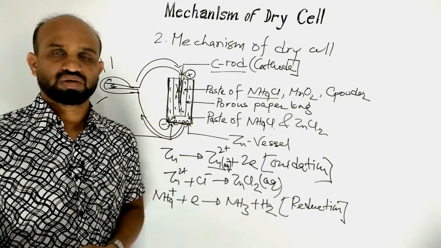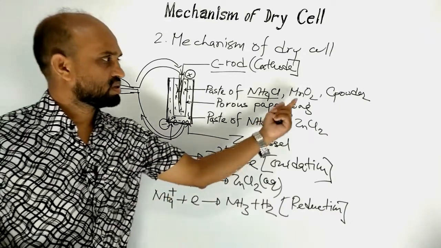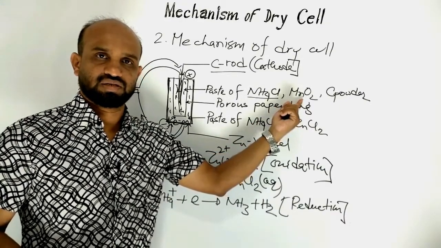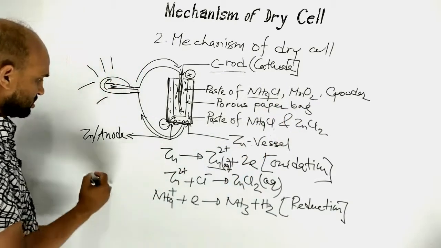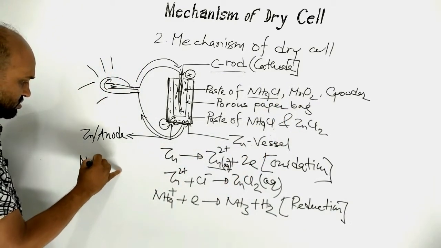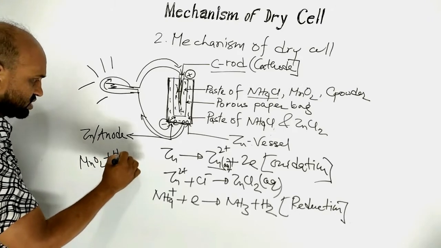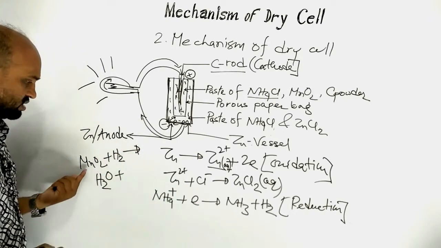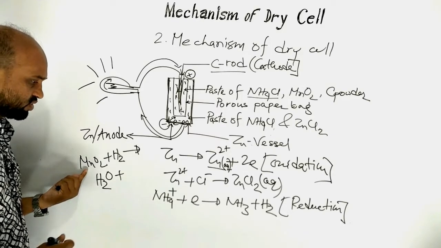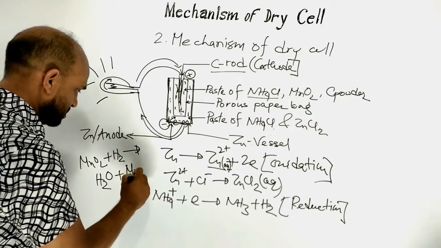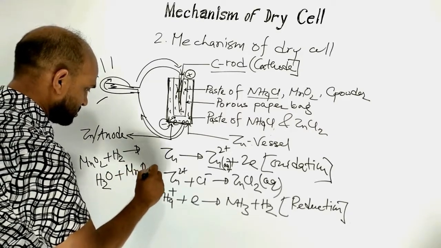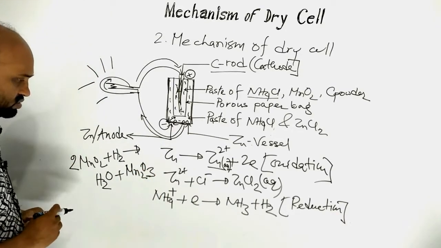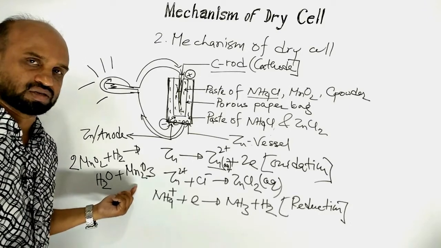To reduce the problem here, manganese dioxide is used as oxidizing agent, which oxidizes hydrogen to water, and another compound is formed, that is dimanganese trioxide. Here we can put 2 to balance this reaction.